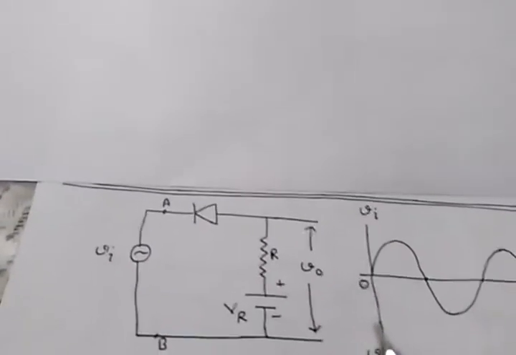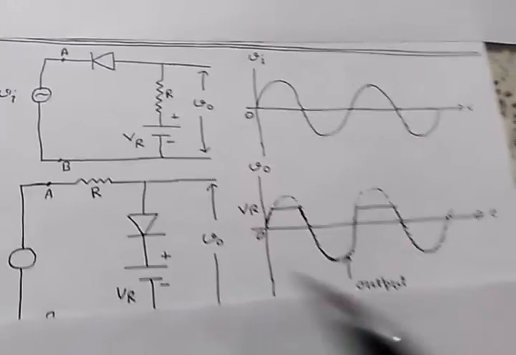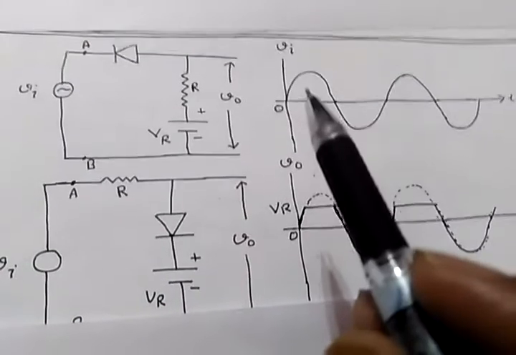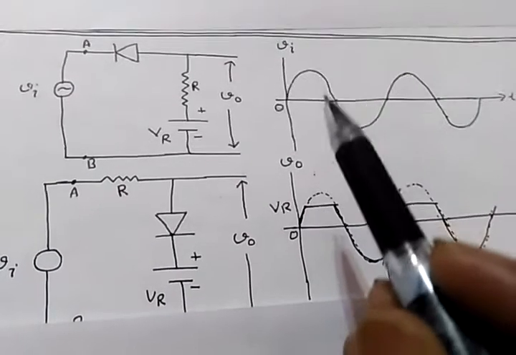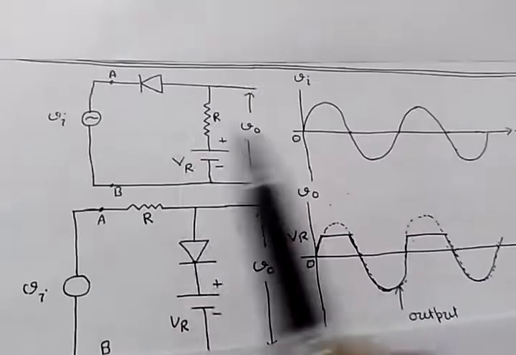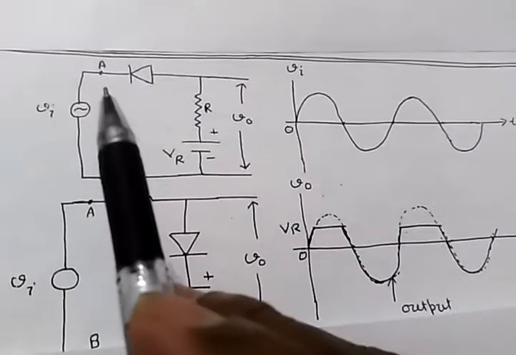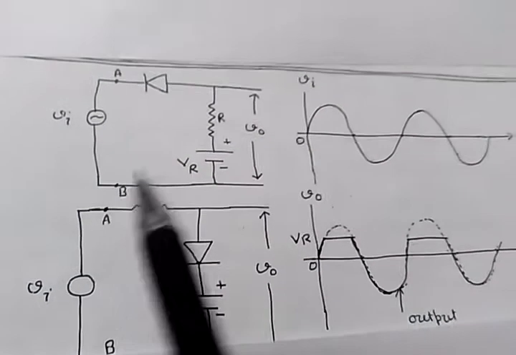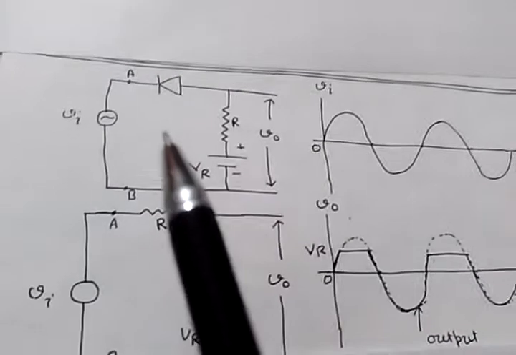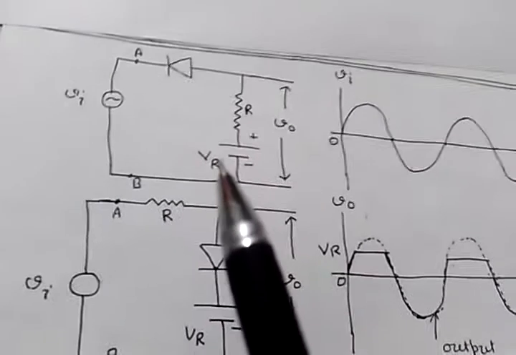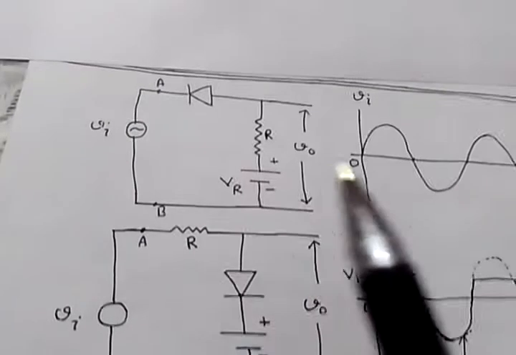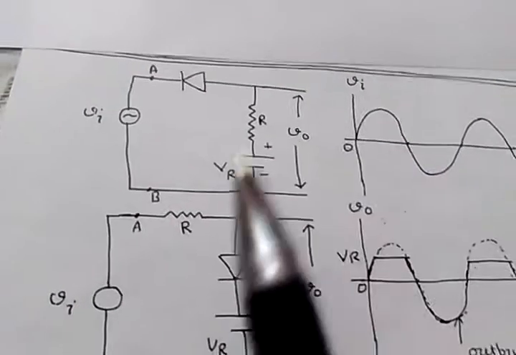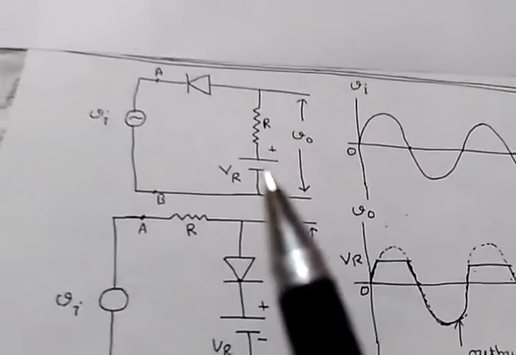Consider the positive half cycle of the input waveform, means for this portion of the input waveform, where terminal A is positive with respect to B and input signal is less than VR. We are considering positive half cycle, but input signal Vi is less than VR.